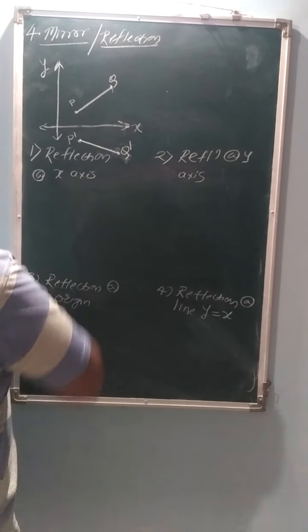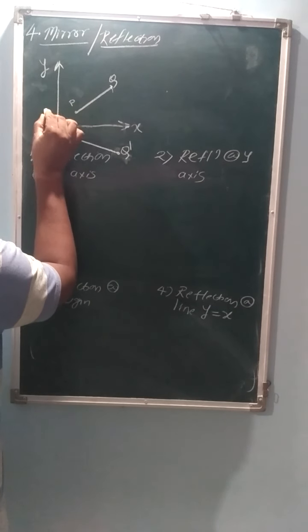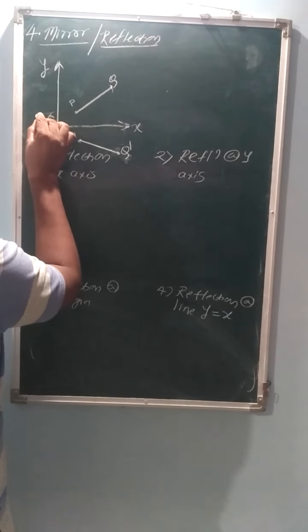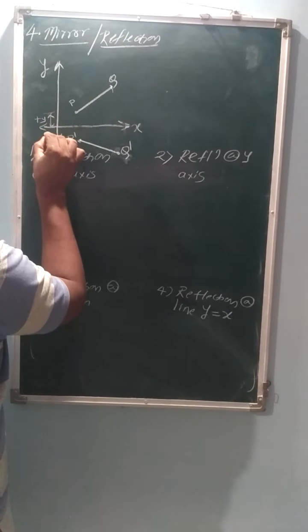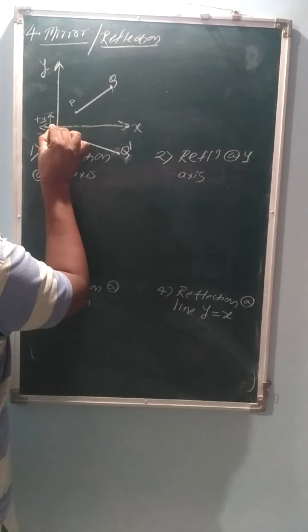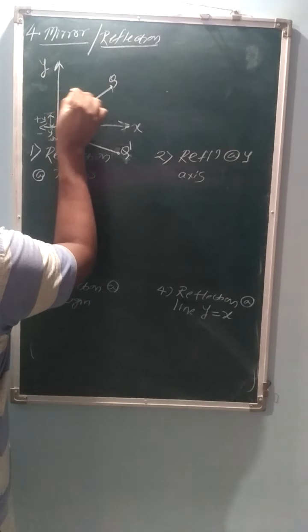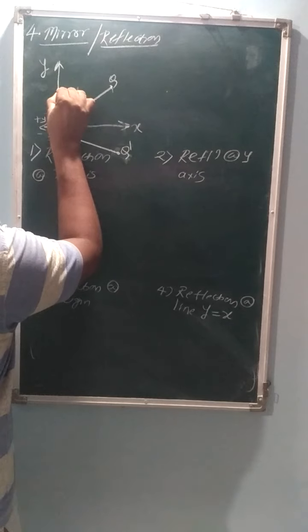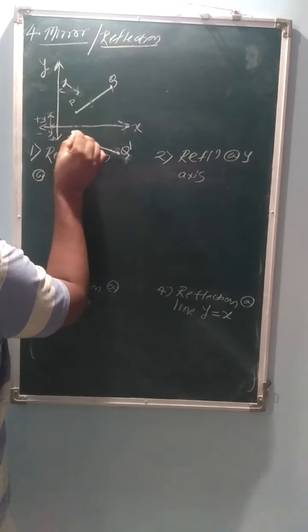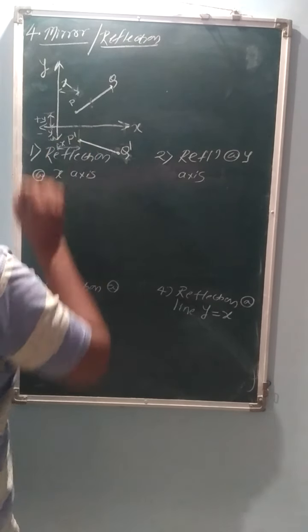So reflection about this x-axis means what? This distance here is plus y, and this is minus y. Again, the distance from y-axis or along x-axis will be the same here also and here also. So this distance will be same, x.